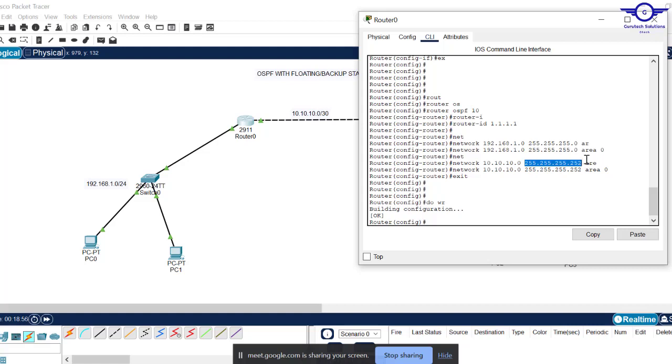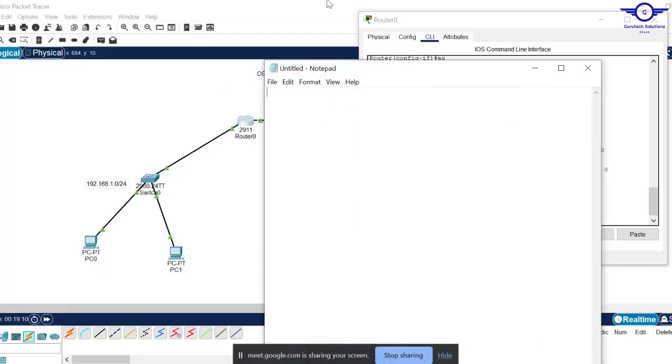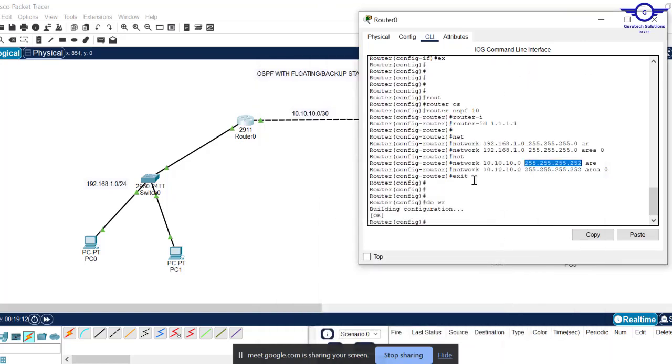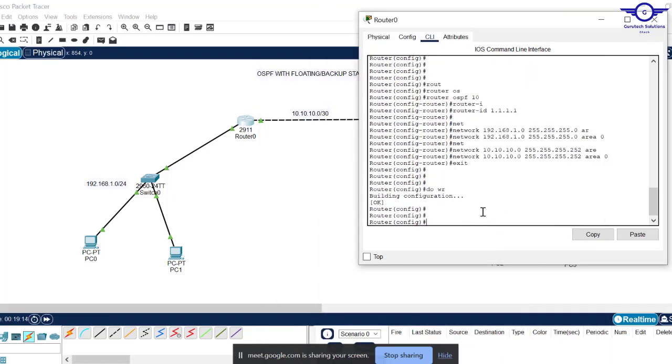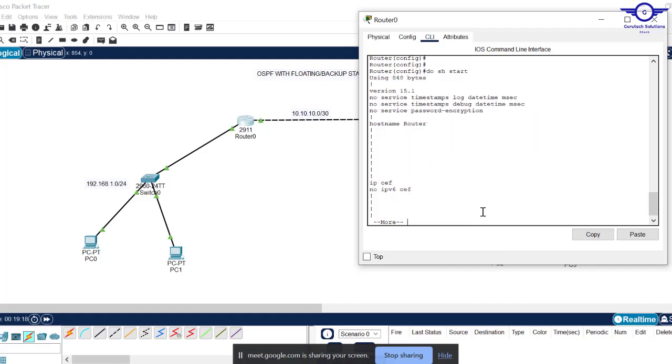But in this case, we have used just a normal subnet mask. So how will we know the wildcard mask? The first thing that we do, I'll open Notepad. After opening Notepad, I'll just tell you this: do show start.